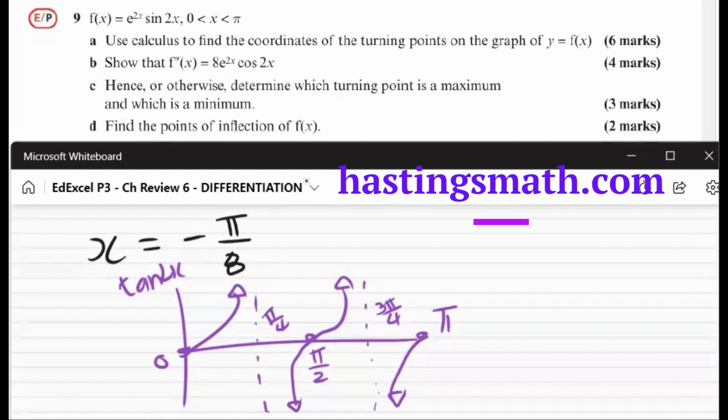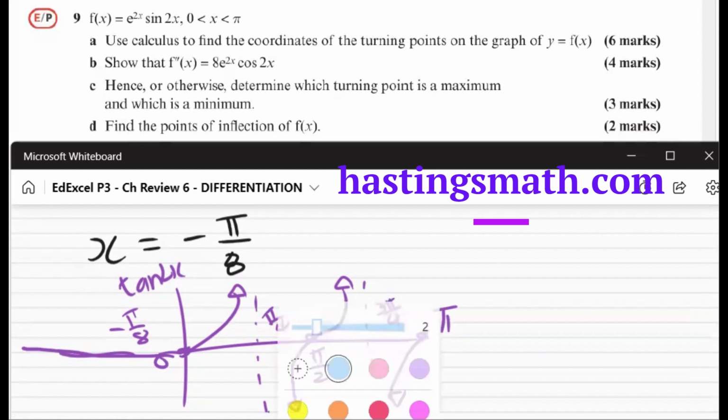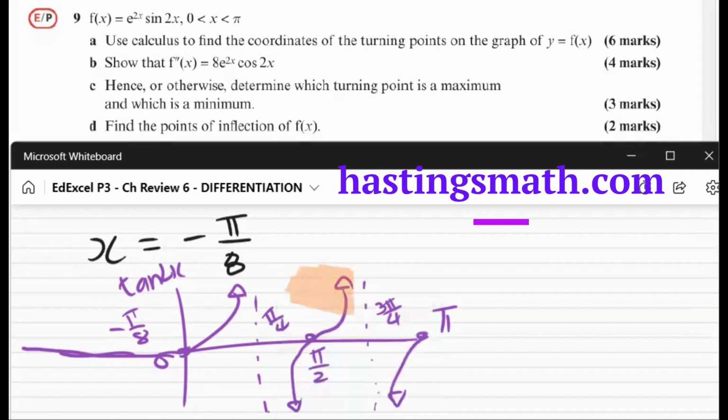So where does negative pi over 8 end up? Well, it's somewhere on the left here. And then we have to add pi over 2. Why do we have to add pi over 2? Well, usually the tan graph repeats every pi. So this distance is pi, and then the shape of the graph will repeat again.